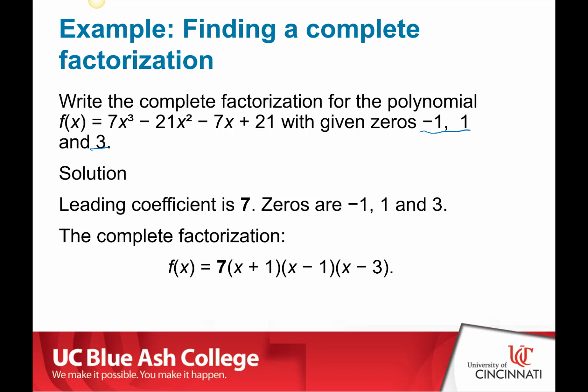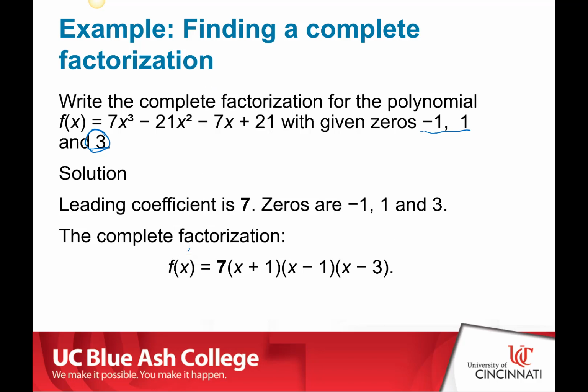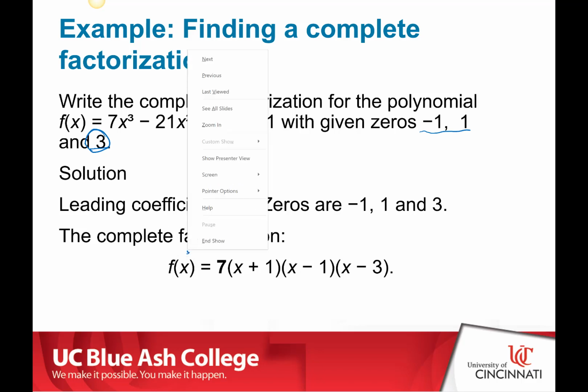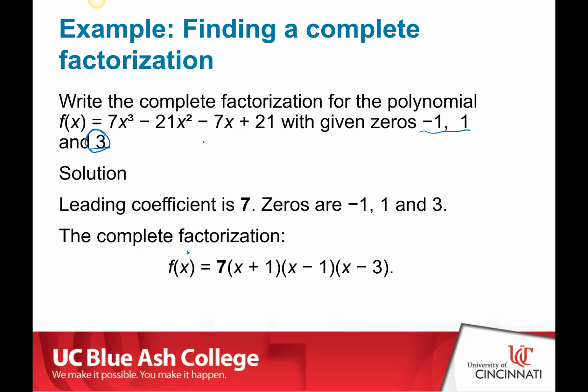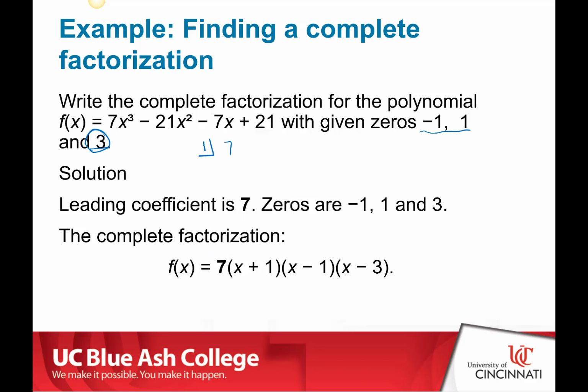Okay. For example, we could do the 3. Or, let's go ahead with the 1. That's easier. We have a 7, a -21 on the x squared, a -7, and a 21 there.